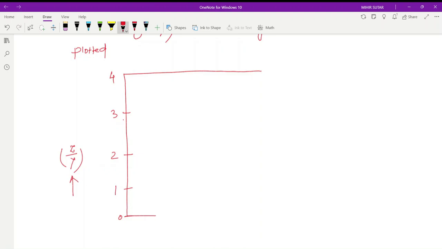Then we'll have 1, 2, 3, and 4. So let us redraw it up to this point.